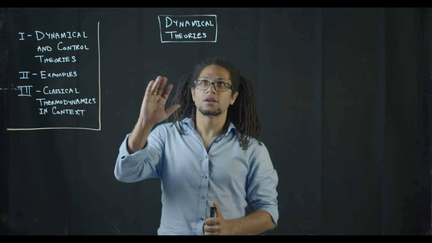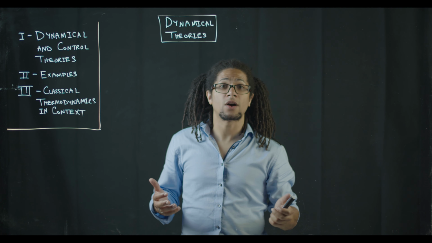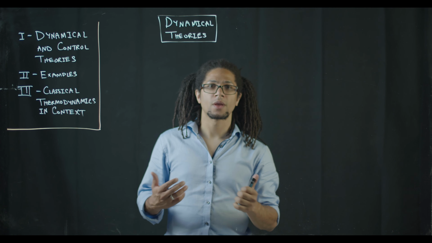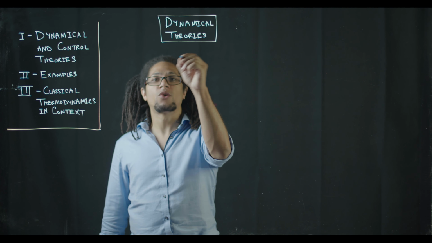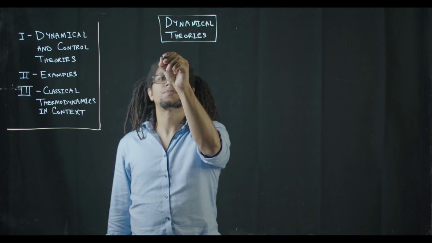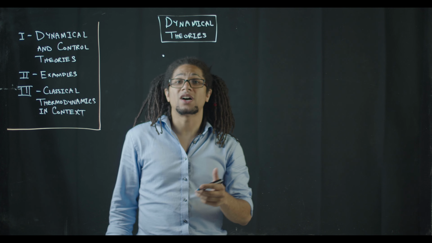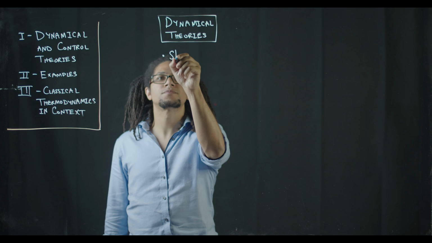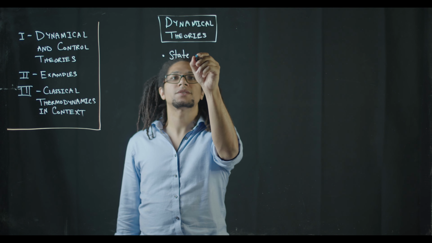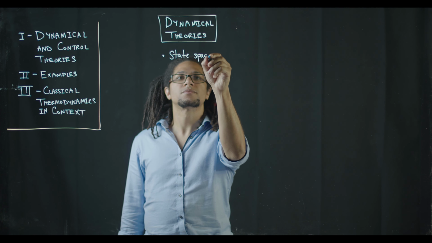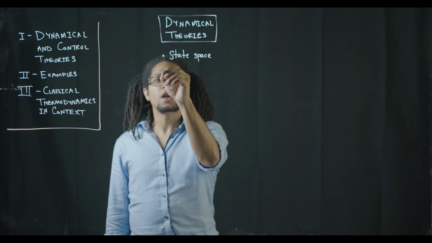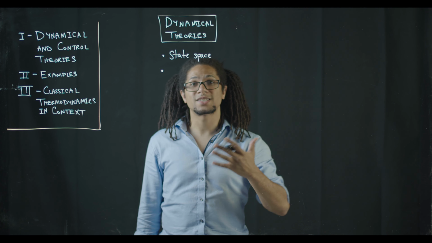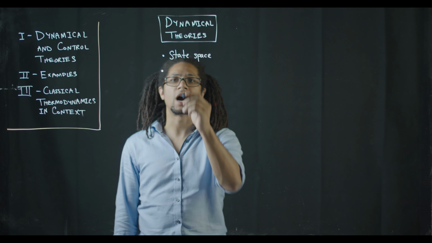And so we should write down really concretely what constitutes a dynamical theory. So a dynamical theory involves a few core elements. First, it involves a space of states, possible states the system could be in. So we'll say a state space. It involves an initial condition telling us what state the system is in at the initial point in time.